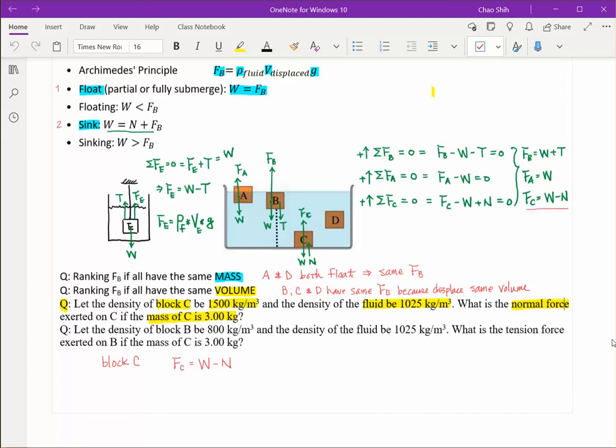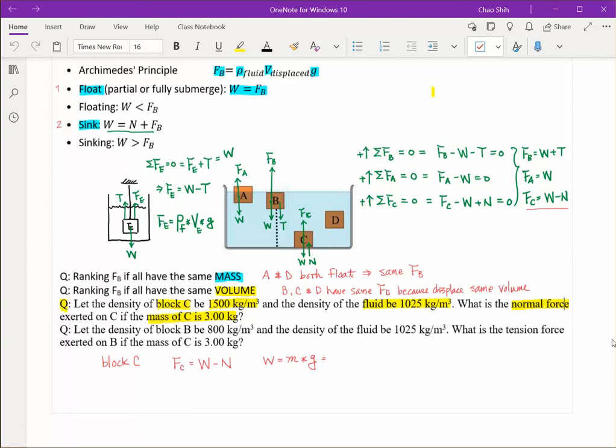Now, it's toward the end of the course, you should know what's the difference between the weight and the mass. The weight is equal to the mass times G. The weight is the result of a mass attracted by the Earth and giving you an acceleration of 9.81.